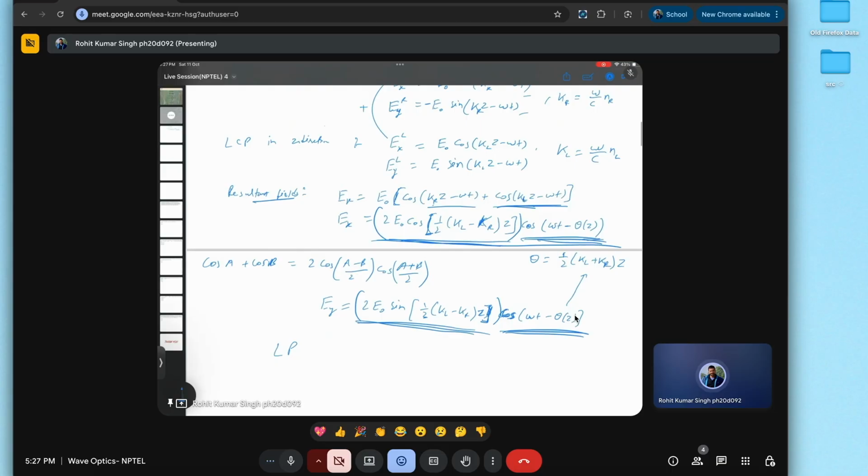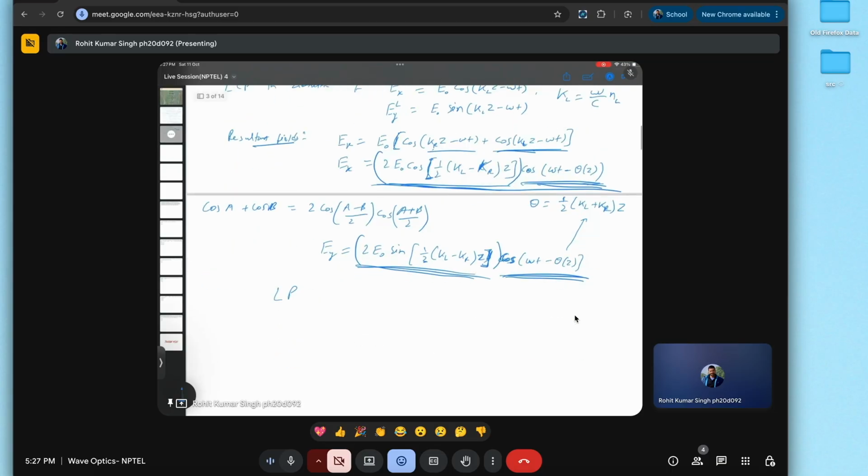So that means the resultant wave is always linearly polarized with plane of polarization rotating, okay, with z.